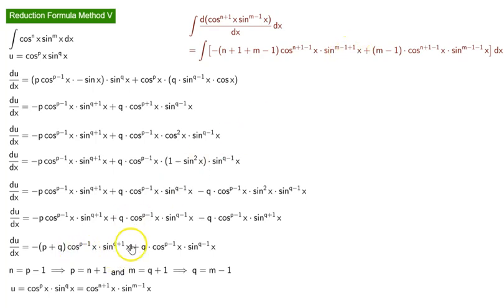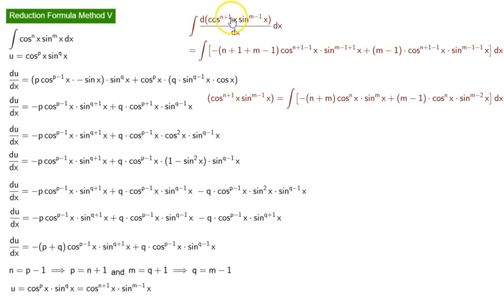So we are basically substituting p and q with n plus 1 and m minus 1, plus (m minus 1) times cos to the power of n plus 1 minus 1 x times sin to the power of m minus 1 x dx. The integral and the derivative cancel out each other.